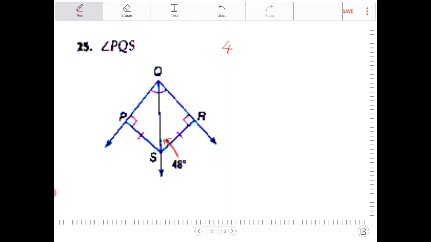So if this angle inside is 48 degrees, then this angle here has to be 180 minus 90 minus 48, right? So that's 180 minus 138. So that's 42. And I'm asked to find out what PQS is. PQS is going to be the same as RQS, which is also 42.